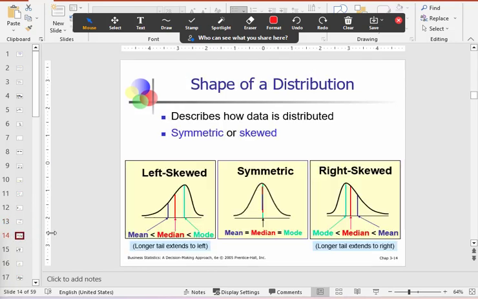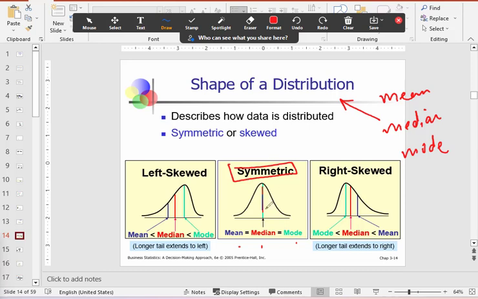Then we'll go towards the next indicator. Once we have the mean, median, and mod, we can find the shape of the data. If the mean, median, and mod are equal, the data is called symmetric.